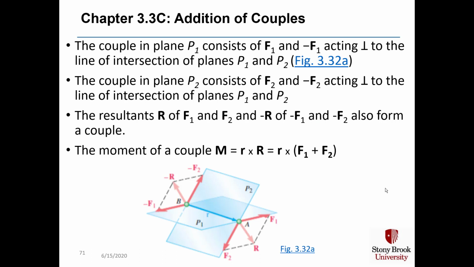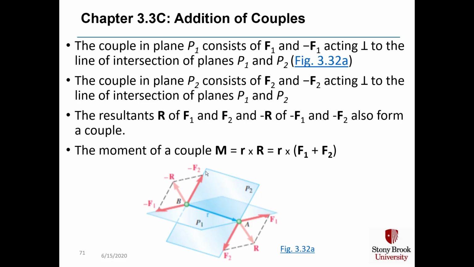The couple in plane P1, which is this horizontal one, consists of F1, here's F1, and minus F1, acting perpendicular to the line of intersection of planes P1. That line of intersection is shown by vector R. The couple in plane P2, which is angled with respect to the horizontal, consists of forces F2 and minus F2, and they also act perpendicular to the line of intersection of planes P1 and P2.